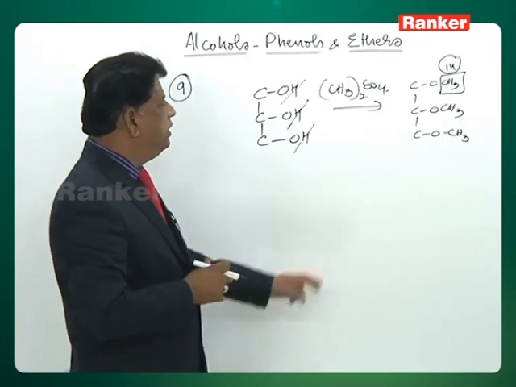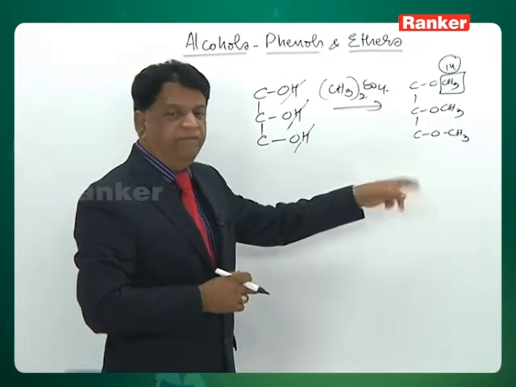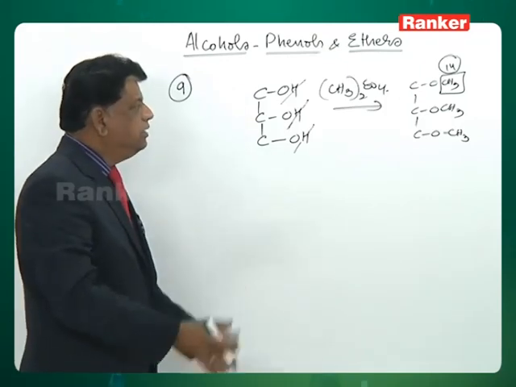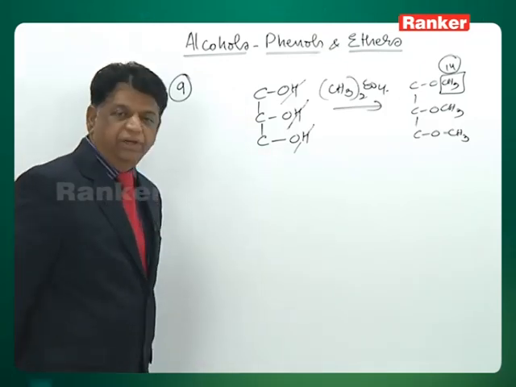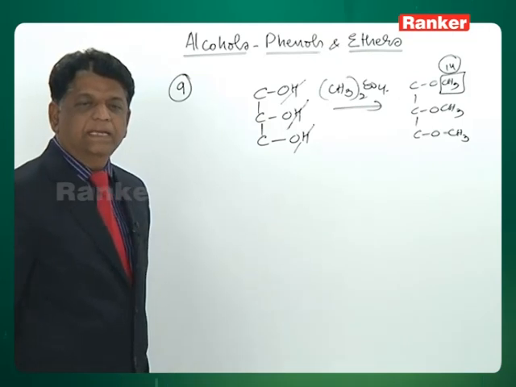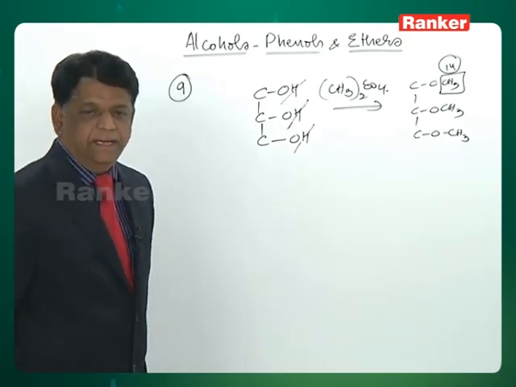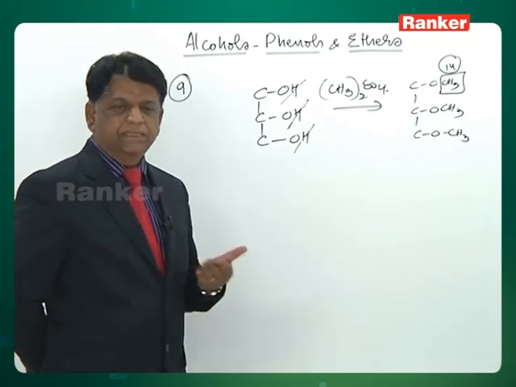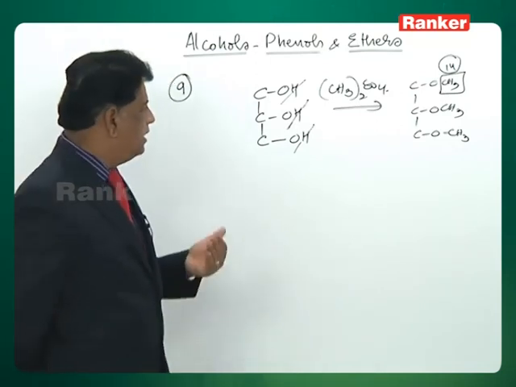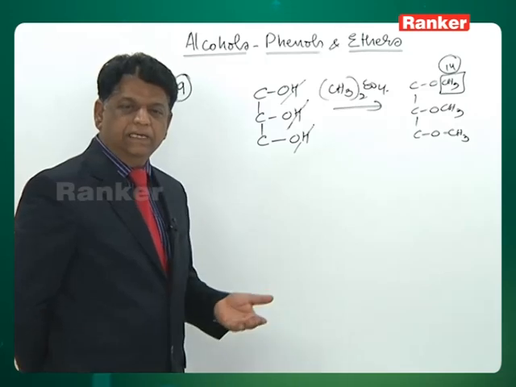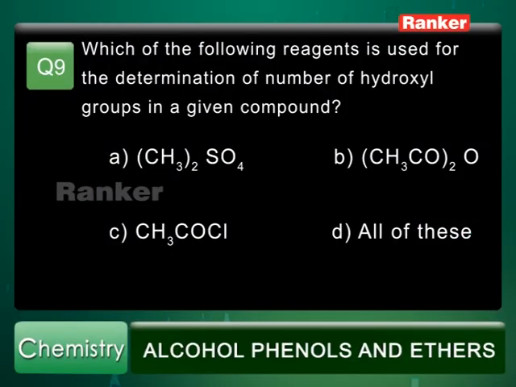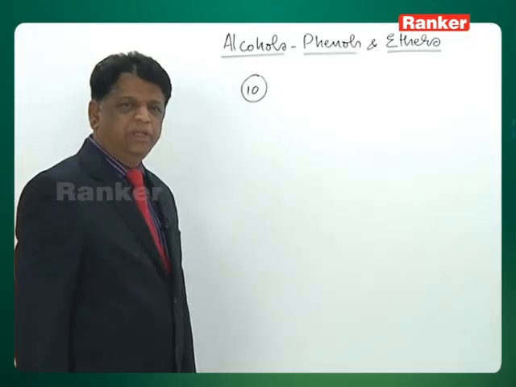The increase in molecular weight divided by that gives how many OHs are turned into this type of derivative groups. So thereby we can decide the number of groups. All these reagents, dimethyl sulfate for methylation, acetic anhydride and acetyl chloride for acetylation, are useful. Therefore the answer is D. All can be used. Let's go to the 10th problem.